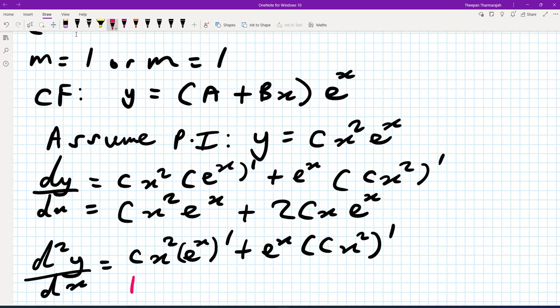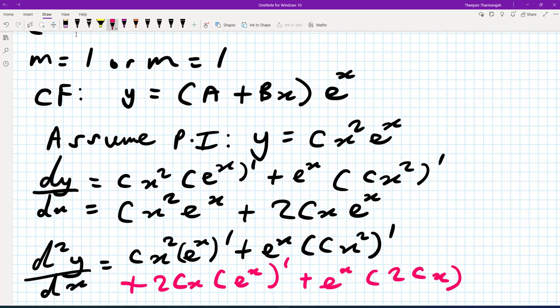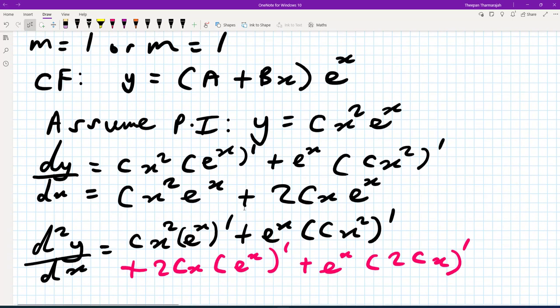Then I'll do the other one here, so it's plus 2cx times e to the x differentiated, like so, plus e to the x times 2cx differentiated. So we've got to be careful with the differentiation here.